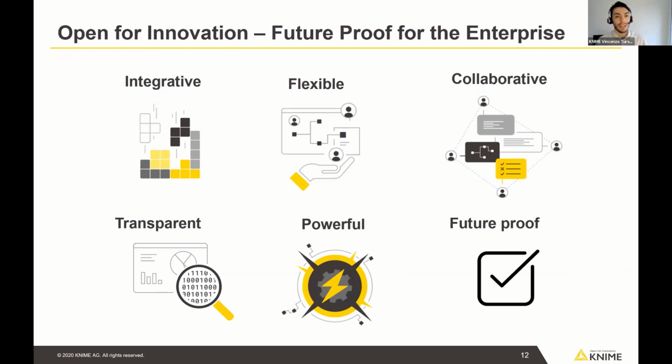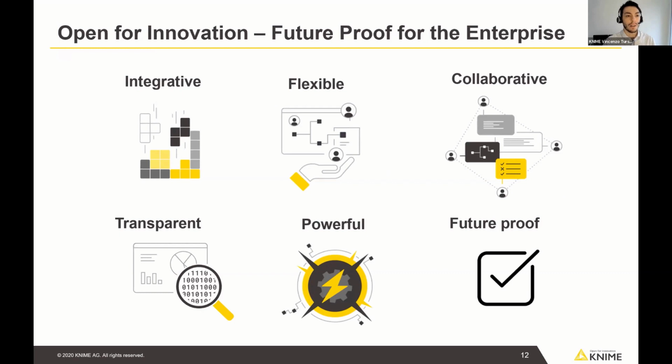So yeah, what we want to highlight here is really that KNIME is open for innovation and it's future-proof for the enterprise. So we actually want to address basically all the different challenges of a data science project with an open approach.